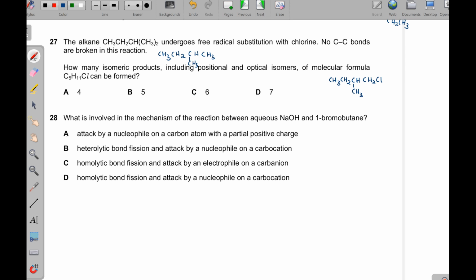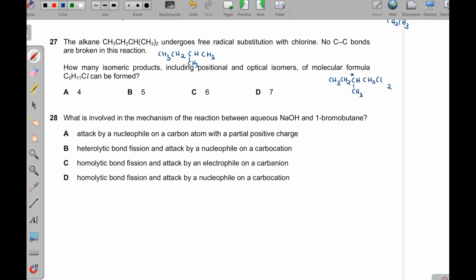Now when you look at this one here, they said including positional and optical. So for optical isomerism, I'm going to look at a carbon with a chiral center. So with 4 different groups connected to it. This is ethyl, this is methyl, then there is an alkyl group together here with the chlorine, and then there is a hydrogen. So this means that this carbon here is a chiral center.